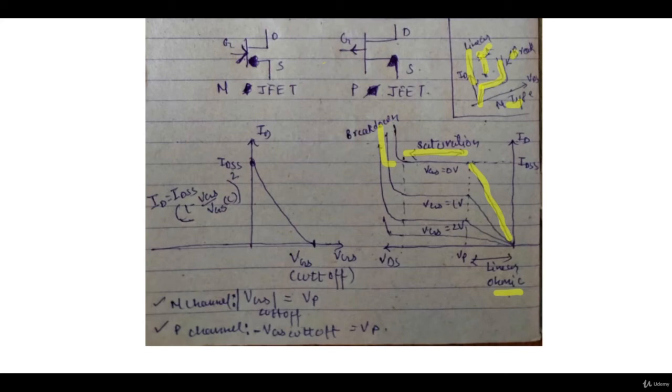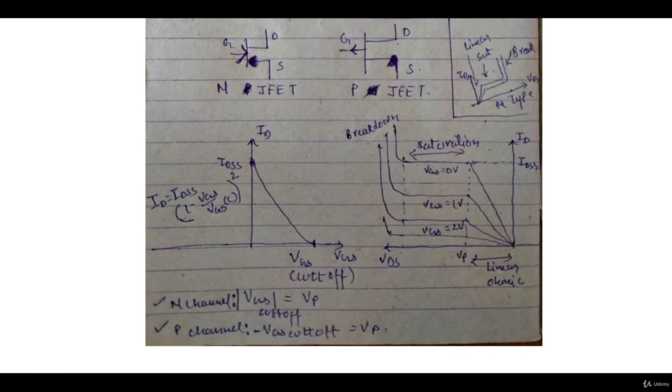Current versus VDS, here also current versus VDS. So that is how the curve will look, the drain characteristics and the transfer characteristics. If you see properly, the same reasoning goes here as well. It is just that we are representing it differently.